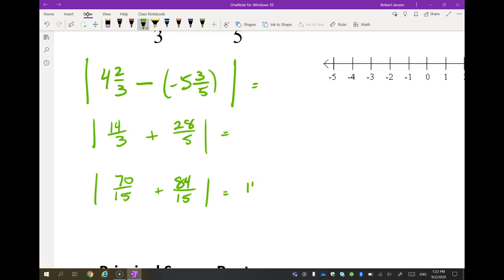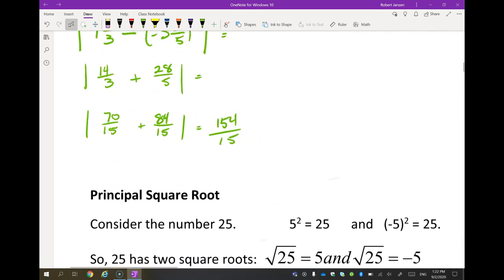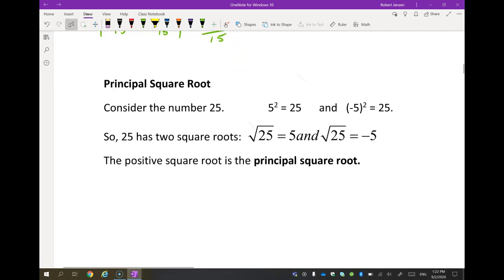So this is going to be 154/15. Okay, and you can leave it like that. I like that better than a mixed number. You could try to reduce that fraction, but I don't think it can be. All right. So that's the first little bit of the absolute value.